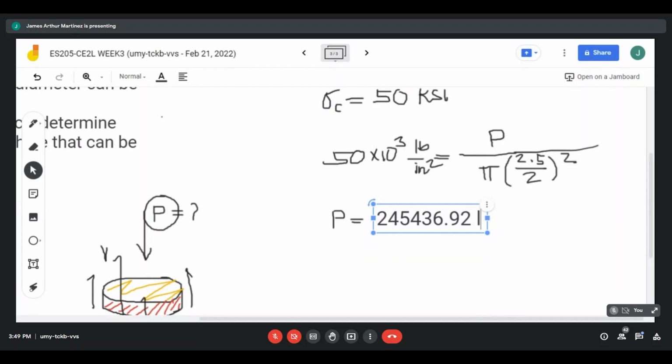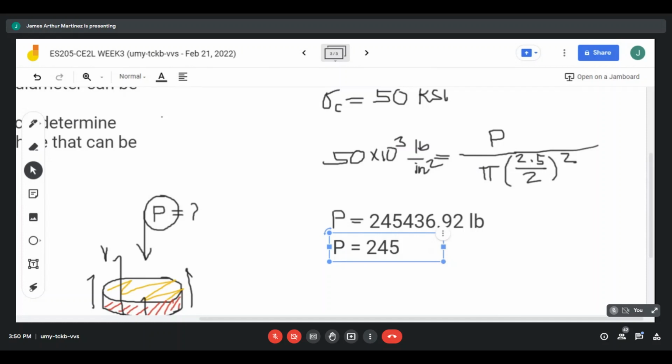If we express it in kips, we know that 1 kip is equal to 1,000 pounds. Therefore, you have 245.437 kips.